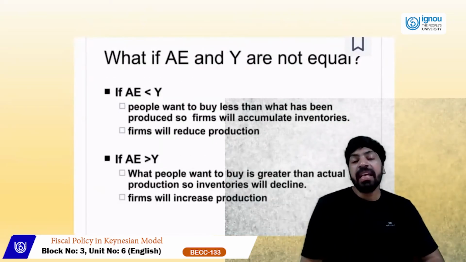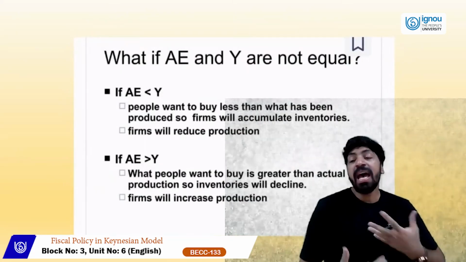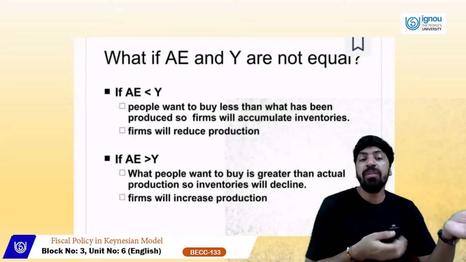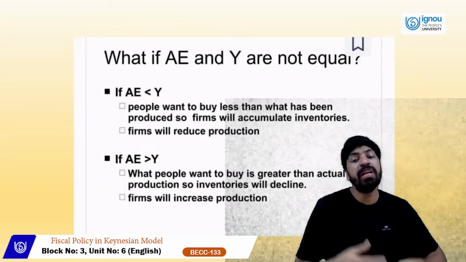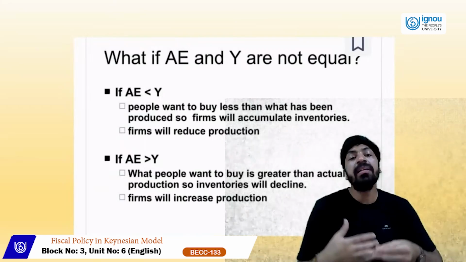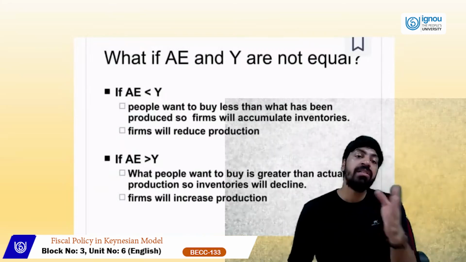What if aggregate expenditure and income level are not equal? What will happen when they are not equal, whether it is less than income or more than income? What outcome will the firms and the people face?